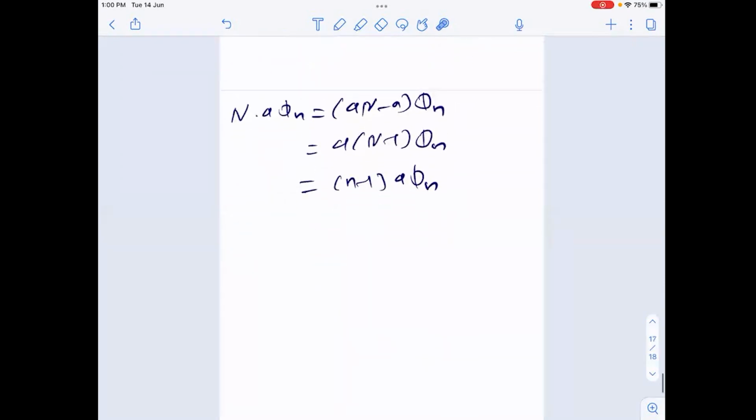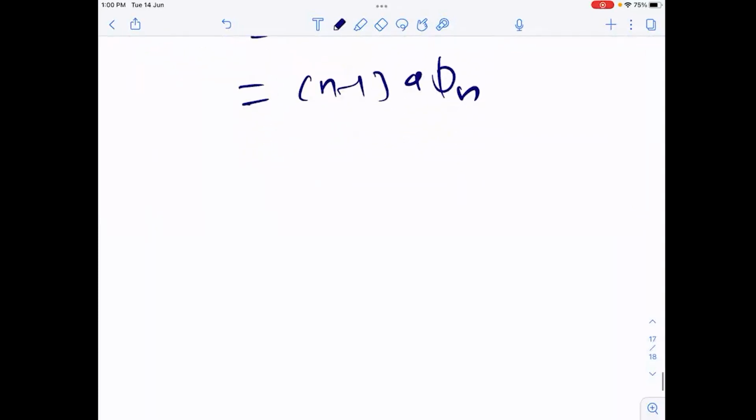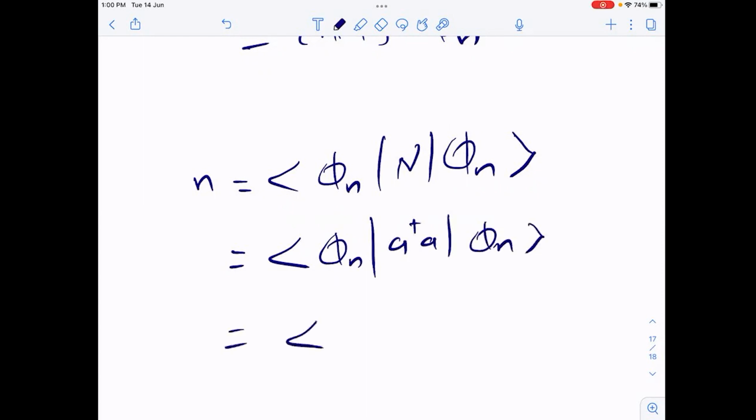Now let's consider the matrix element. If you consider the matrix element, then n can be represented as phi n, n, phi n. Now what is n? N is a dagger a. This will lead us to a phi n, a phi n. So eigenvector a phi n is normalized to n.